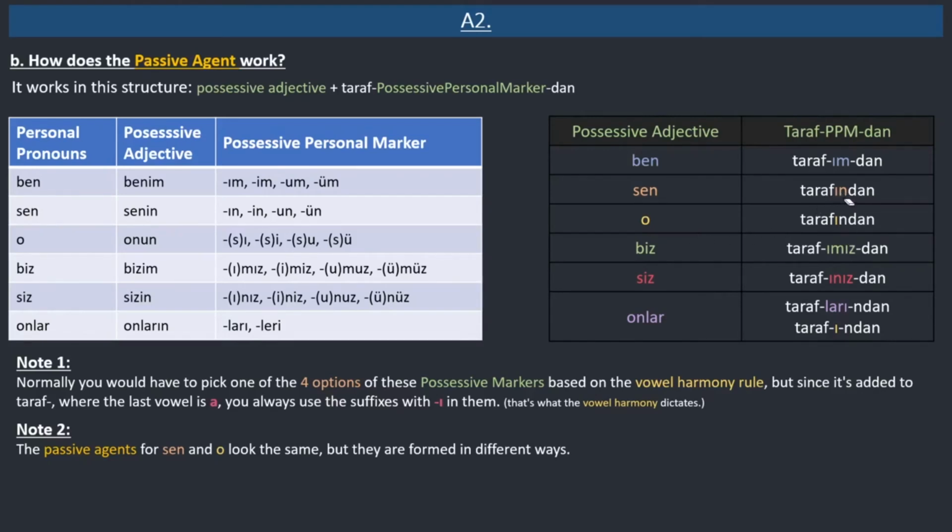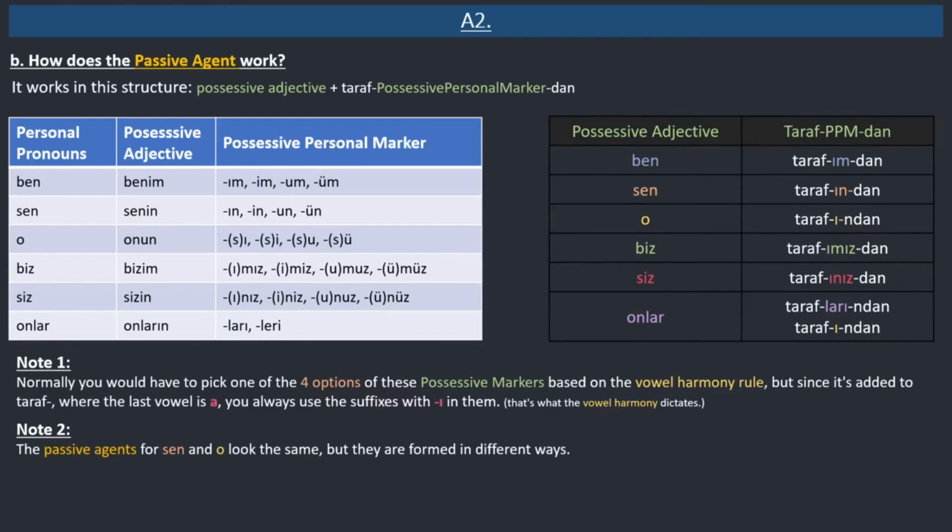When you type it or say it, it sounds or looks the same, but they are formed in different ways. In this part, it's ın, because here, in o, the ending is actually ı, and the n is only there to help the connection between tarafı and dan.